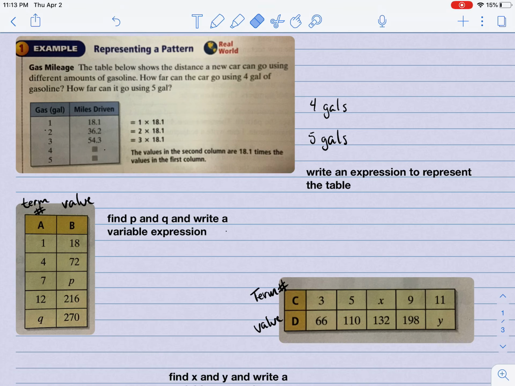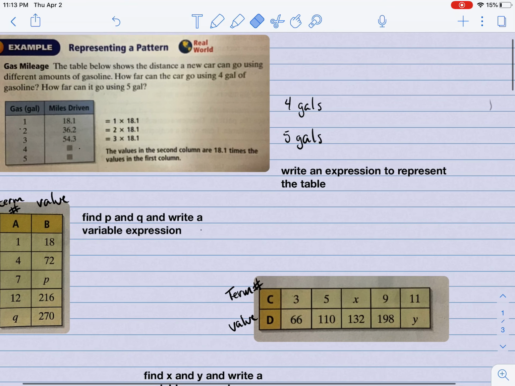Okay, so just to kind of get us thinking on the right track here, we've got a car here. It tells us what it gets per miles per gallon, and so we're just wanting to complete the table on how far we can go on 4 and 5 gallons.